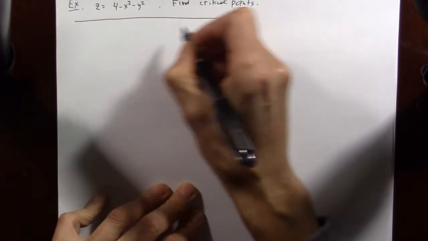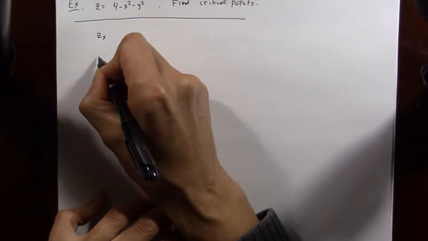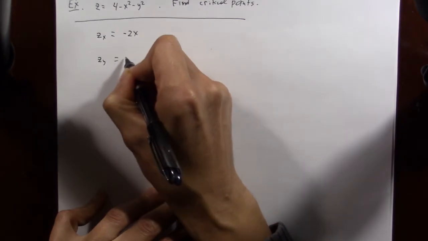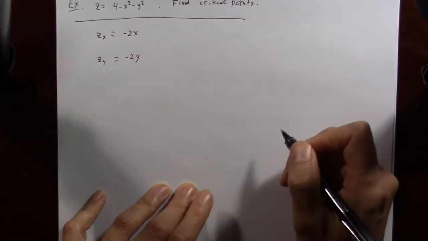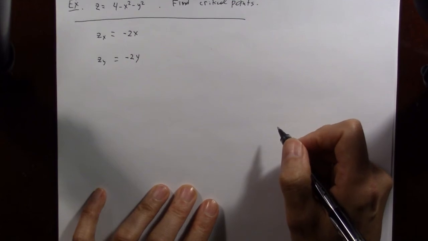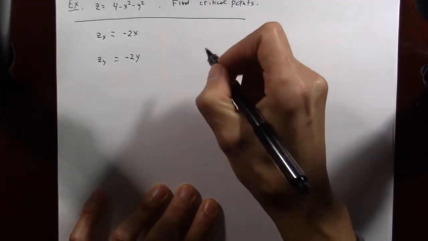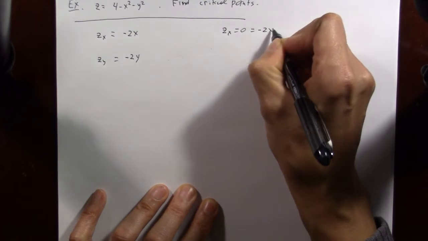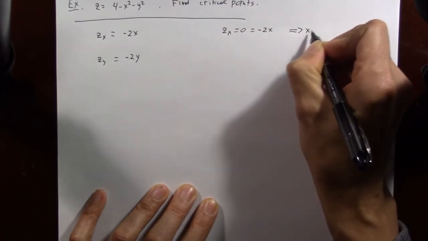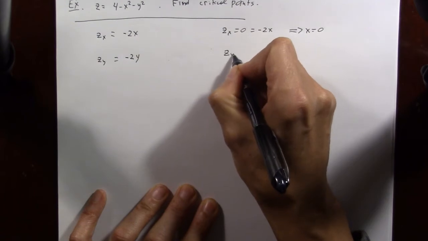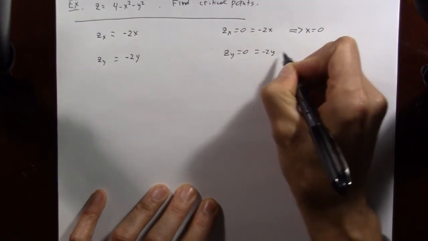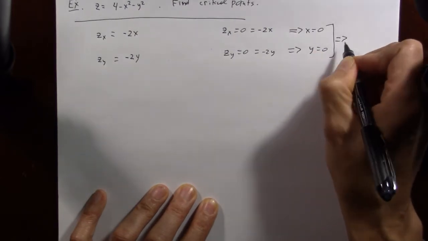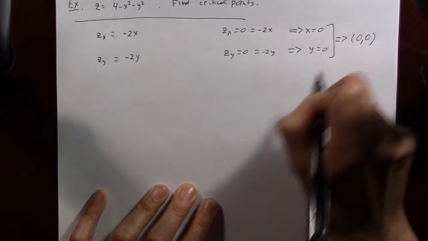We need to find the partial derivative with respect to x, which is negative 2x, and the partial derivative with respect to y, which is negative 2y. Both are defined for all x and y, so we want to see where they equal 0. Negative 2x equals 0 gives x equals 0, and negative 2y equals 0 gives y equals 0.